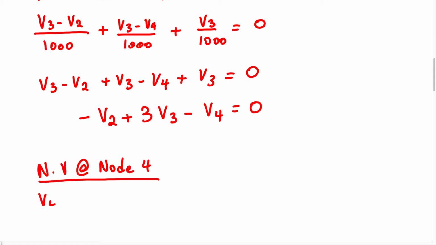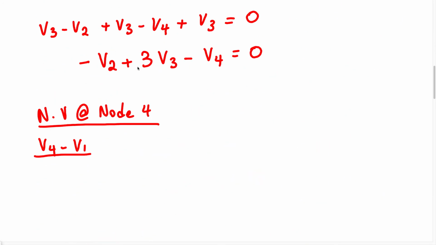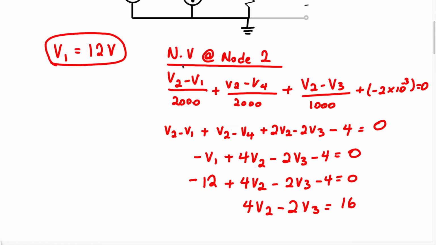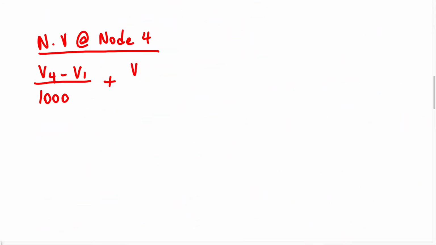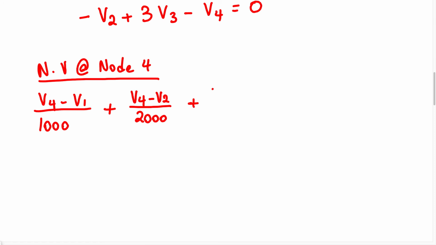We have V4 minus V1 over 1000, plus we have V4 minus V2 over 2000, plus we're going to have V4 minus V3 over 1000. And all of that is going to equal 0.